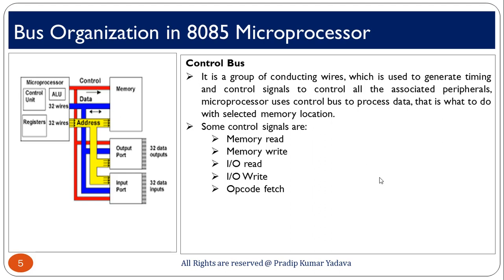It is a group of conducting wires used to generate timing and control signals to control all the associated peripherals. Peripherals means external devices. A microprocessor uses the control bus to process data, that is, what to do with the selected memory location. Some control signals are memory read, memory write, input output read, input output write, and opcode fetch.